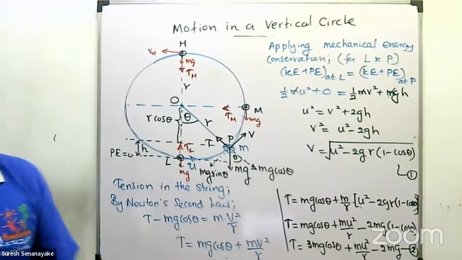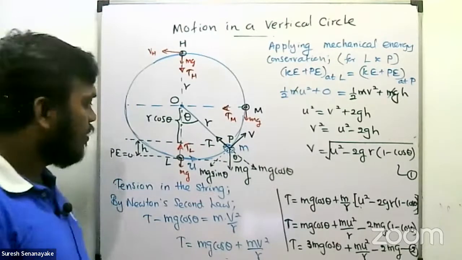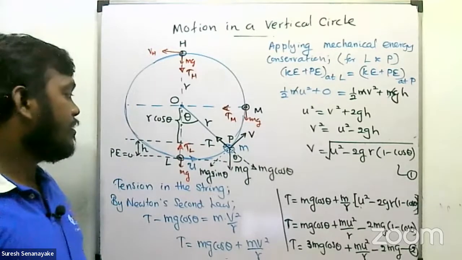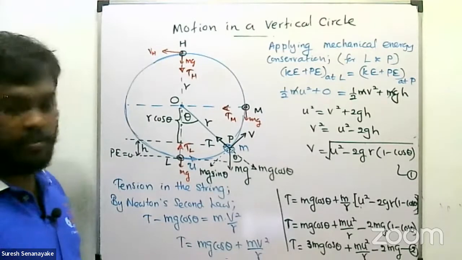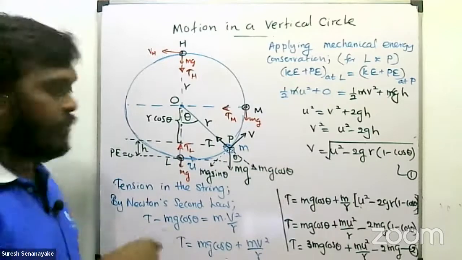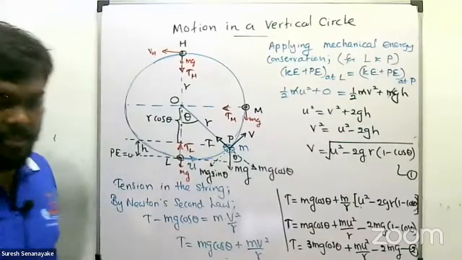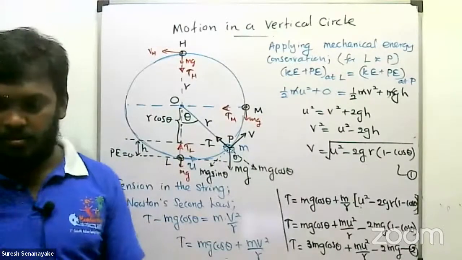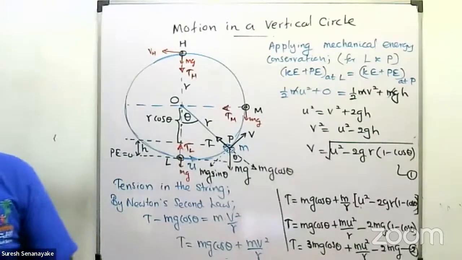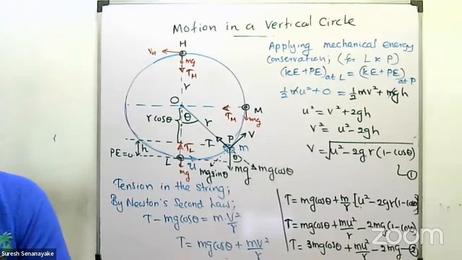Then we will find the condition to complete the circle, a complete rotation without slackening of the string, because if the required velocity is not given at this position, it will not move in a complete circle. It goes up and comes back, or the string will go slack. So let's see how it happens. You can write up to this point, and after finishing writing, let me know.